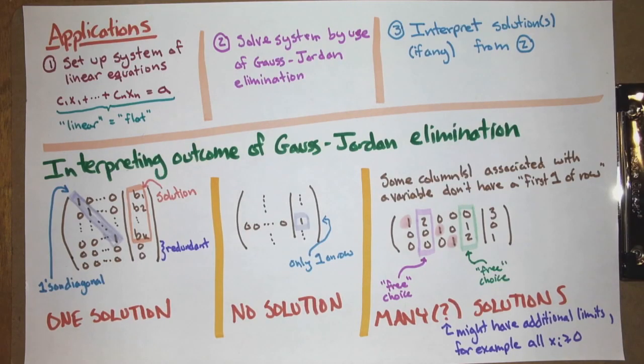And so that gives you some additional constraints which might limit how many solutions there are. But generically speaking, when you get this situation, you have multiple choices, and you have to explore what that means. So that's the idea. Any questions before we try doing an application?